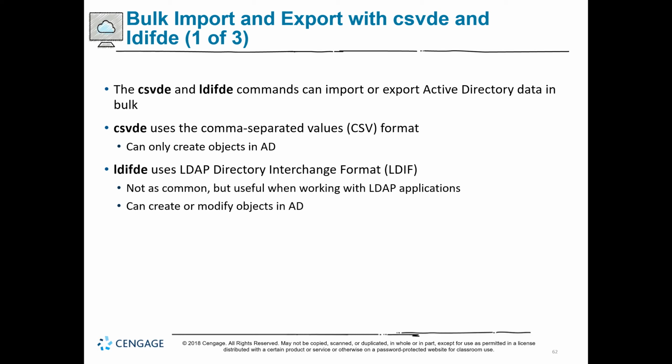It's not as common, but it's useful when you're working with LDAP applications, and you can create or modify objects in Active Directory. I'd like to say, no, you're not going to use that, but I was surprised at the amount of piddly little applications that got added on that only allowed LDAP support. So it's just good to know that it's out there.